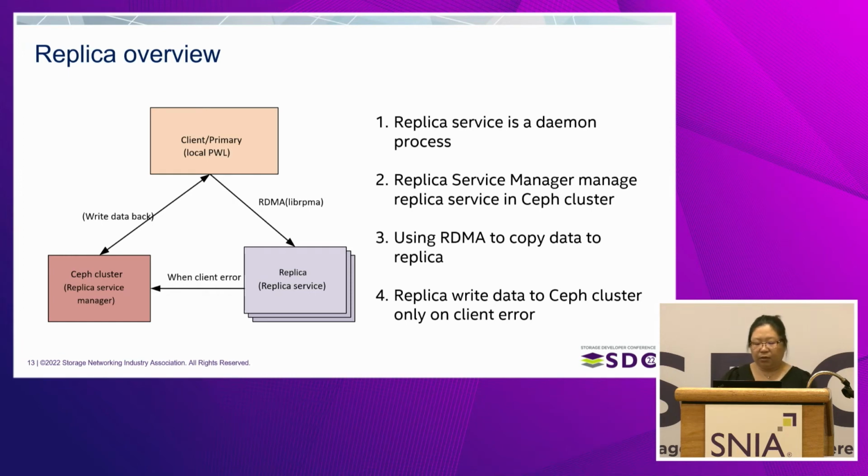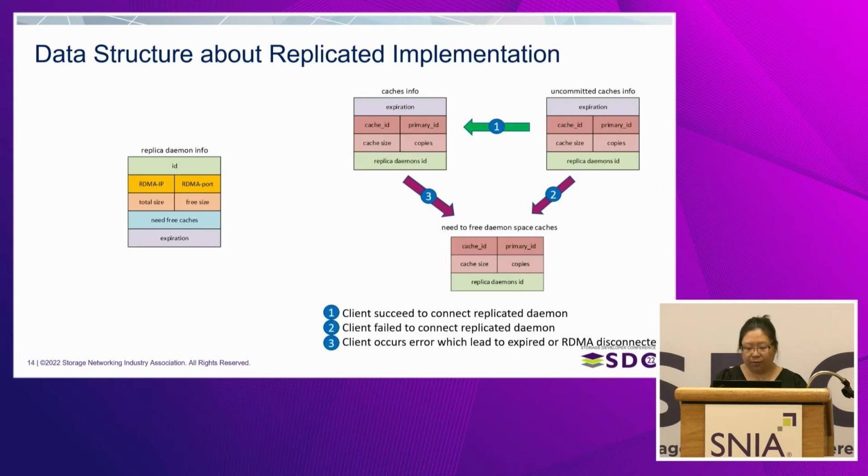Let's see how the replica works. So this is the overview. There are three roles in the replica PWL mode. The first is the client. The client has the local PWL. And we want to guarantee there's no single point of failure, so we have to copy the data into mirrors.